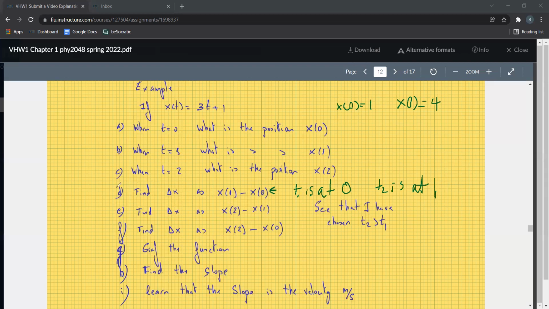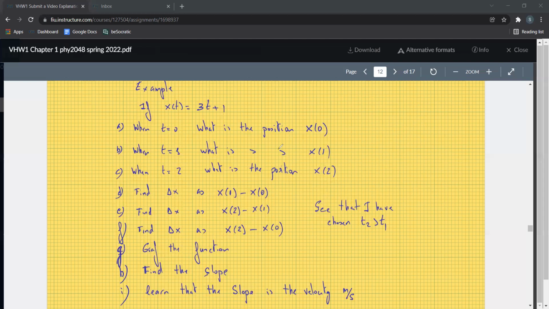So now we can do letter D and find out. We know that x of 1 minus x of 0 is equal to our change in x between the 2 points. 4 minus 1 is equal to our displacement of x. Our displacement of x is equal to 3. And that would be our answer for letter D. Sorry if it got a bit messy.